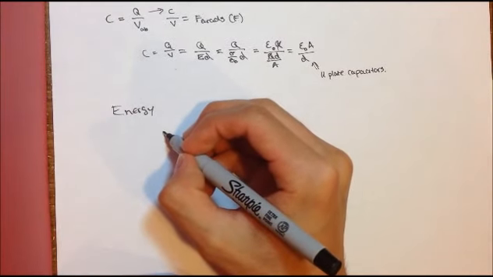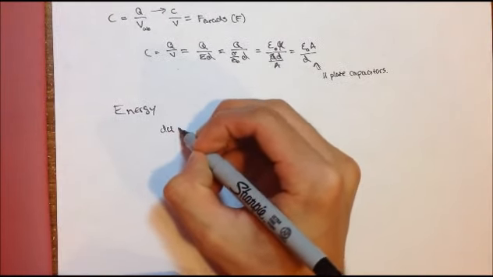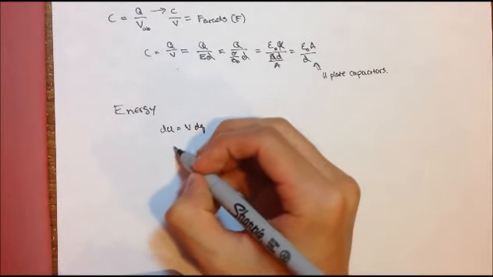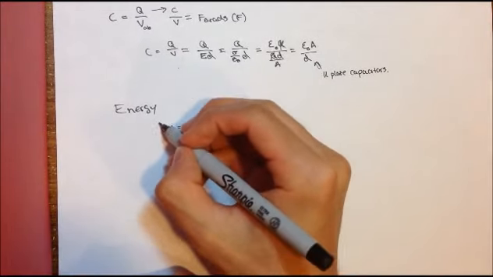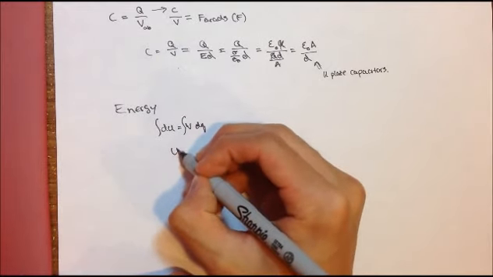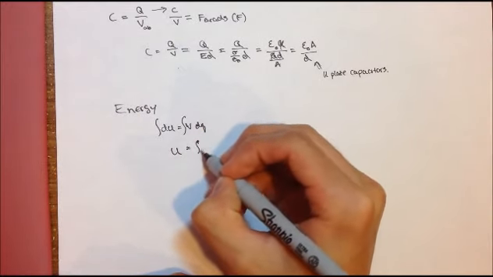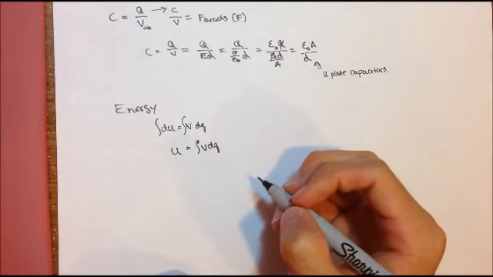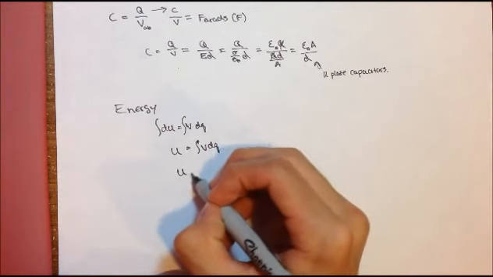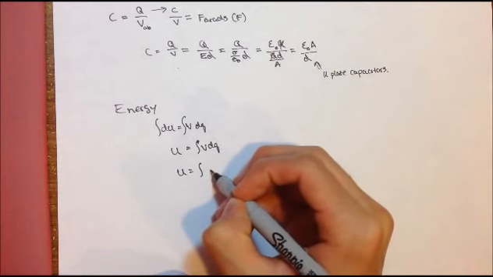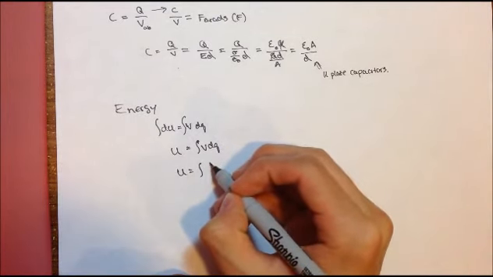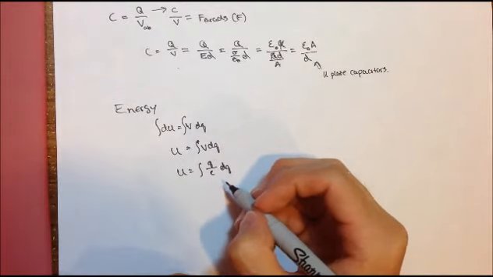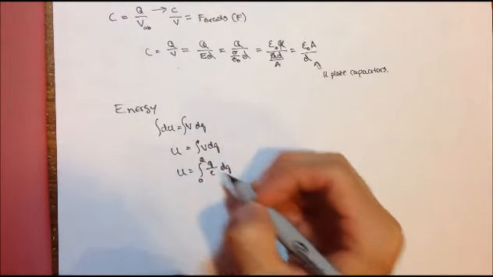That is to say that dU is equal to V dQ. And what that gives us, integrating both sides, U equals the integral of V dQ. And so basically, we have U equal to, we already know that V is equal to Q over C, the integral of Q over C dQ. I'm going to integrate that from 0 to big Q.